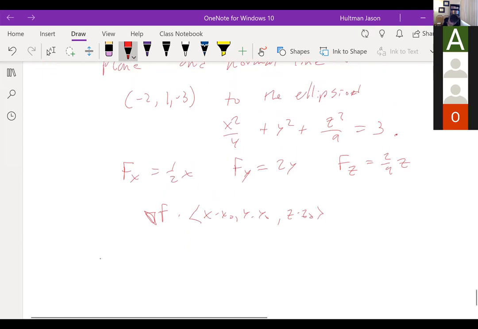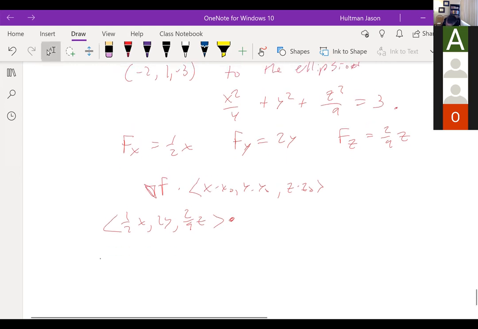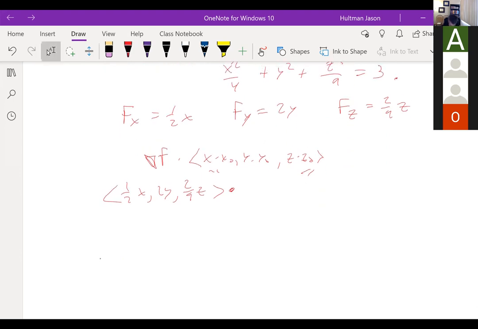Okay, so let's plug this all in. This is going to be (1/2 x, 2y, 2/9 z) dotted with these guys here, which is going to give me my normal plane.